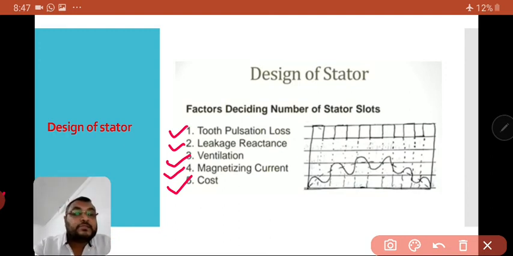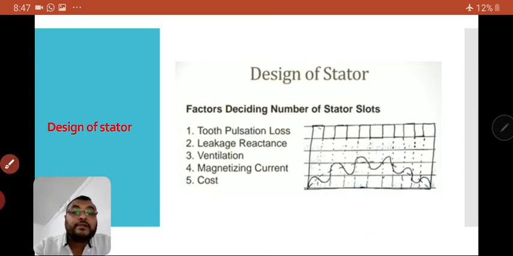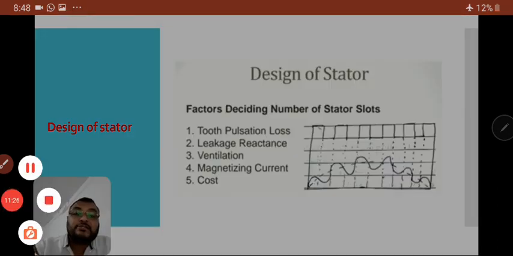I hope you understand all those 5 points: tooth pulsation loss, leakage reactance, ventilation, magnetizing current, and cost, which are the parameters affecting the deciding of the number of stator slots.